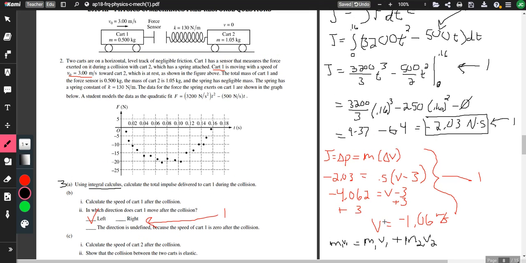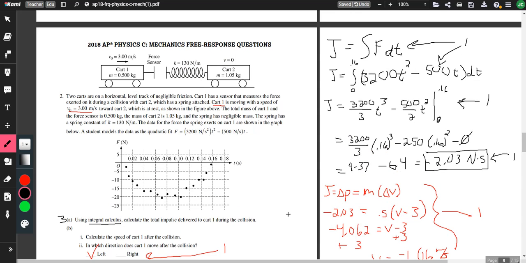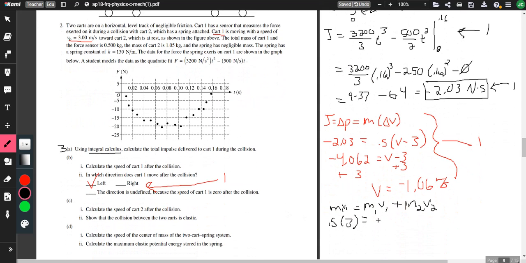I know that this object was initially 0.5 times 3. I know that this is now going to be 0.5 times negative 1.06. And this is now going to be 1.05 times that unknown speed.